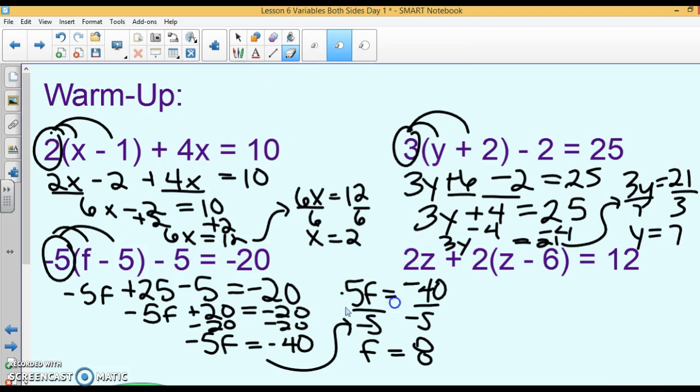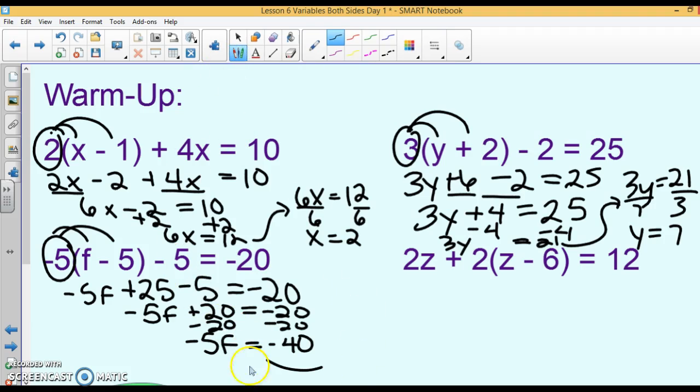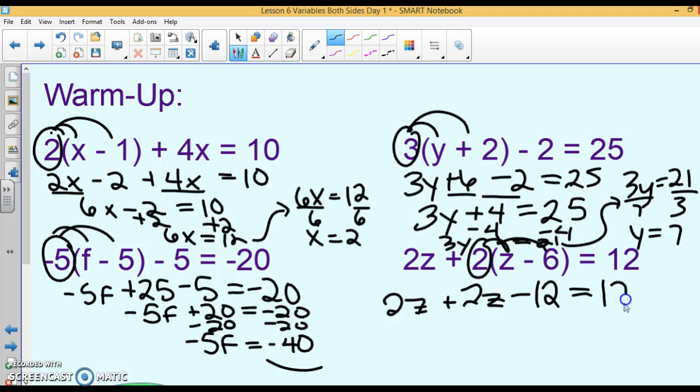For my last one, I'm going to erase some of this. I have 2z plus 2 times the quantity z minus 6 equals 12. I'm going to take this 2, distribute that inside. I'm going to carry down my 2z right here. Plus 2 times z is going to give me 2z. 2 times negative 6 is going to give me negative 12 equals 12.